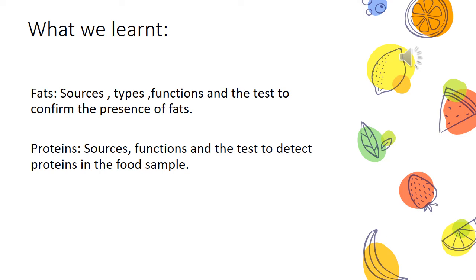In proteins also we have seen the sources, functions and the test to detect the proteins in the food sample. Overall, in part 1 and 2 we have finished with 3 major components of food, that is carbohydrates, fats, proteins. In the next video we'll be talking about the other main components, that is minerals, vitamins, roughage and water.